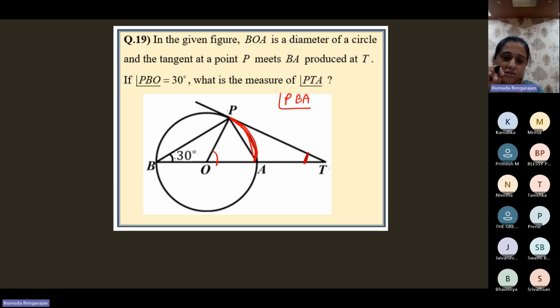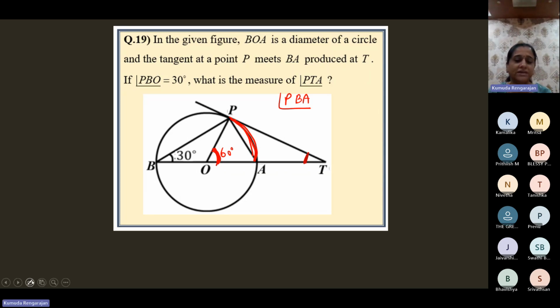PA is the arc. It makes PBA on the circumference, POA at the center. So how much will be the angle at O? 60 degrees.